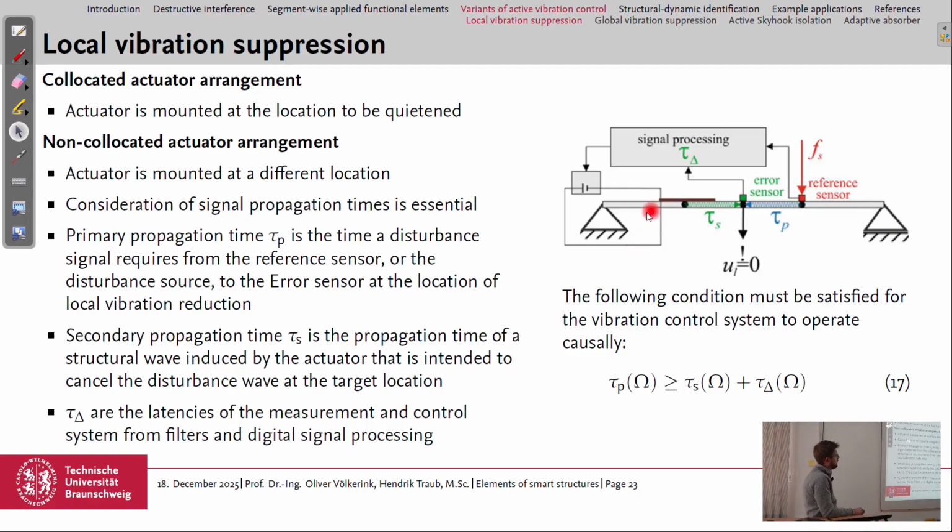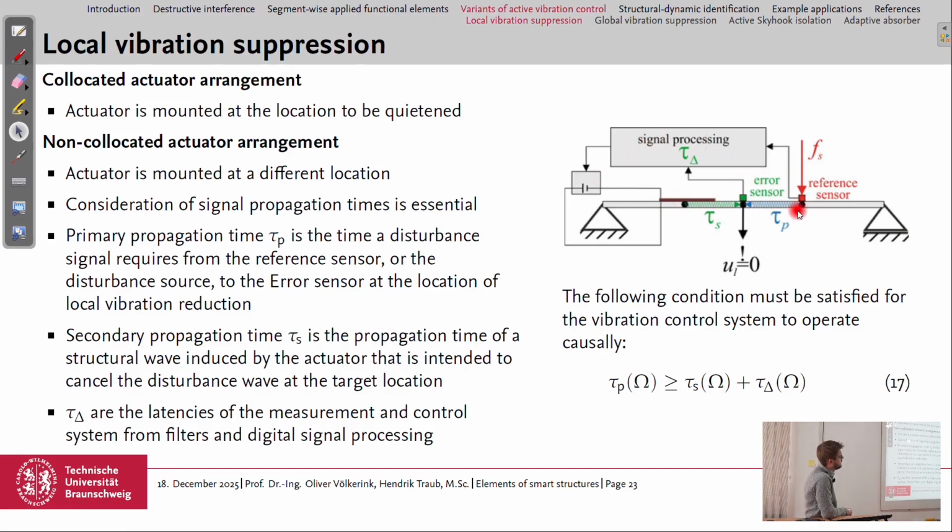So this is already a limitation: if the structure has the same cross-section over the whole length, then we need to place this actuator closer to the point than our disturbance. And in addition, we have some latencies, theta delta, which come from the filters and the digital signal processing, because we have a signal processing control loop.